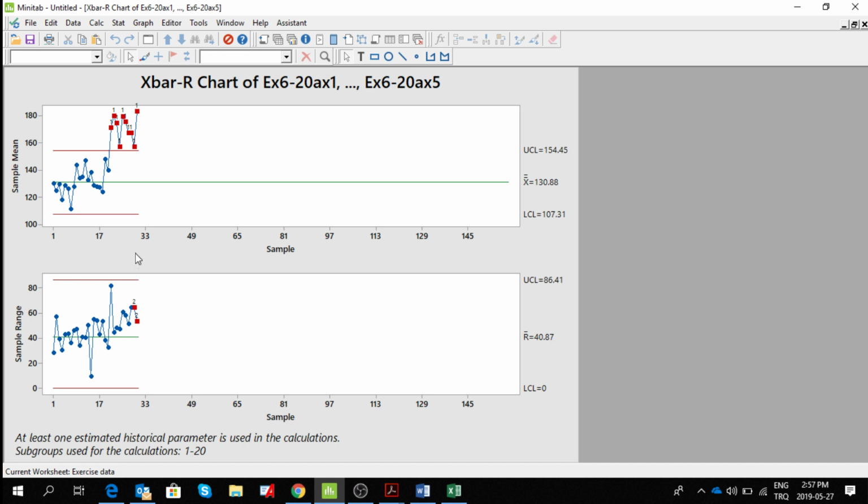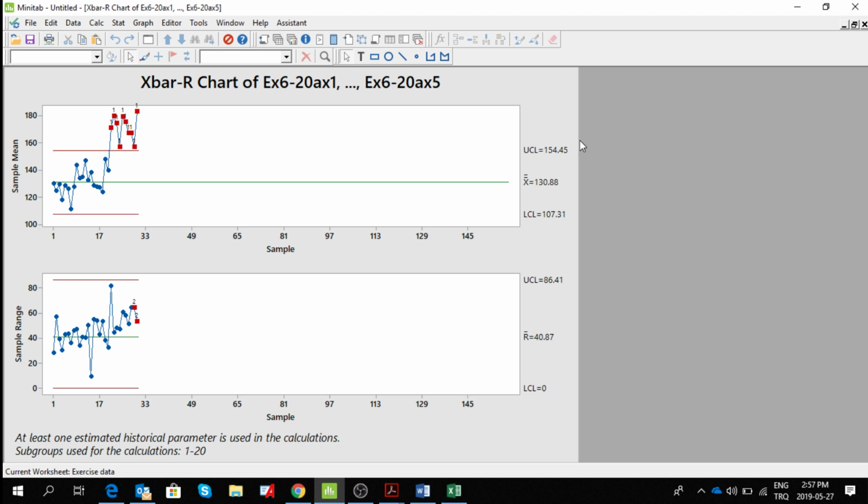But these data sets are all out of control. See? It says here subgroups used for calculations 1 to 20. And if you look at the R chart, on the other hand, things look okay, so nothing is out of control here.